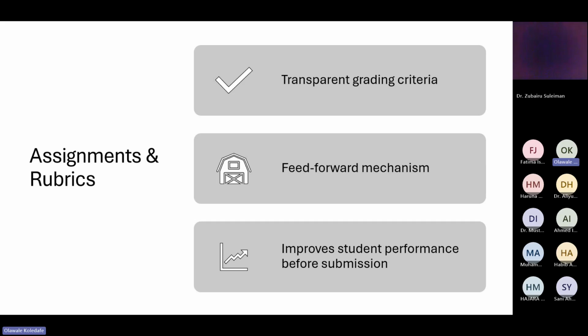It offers feed-forward mechanism and also improves students' performance even before submission. They don't wait to be graded before they know the quality of what they have done. So if they have done well, they know before submitting. So that is what the assignment and rubrics, the combination of the two, afford in Moodle Learning Management System.